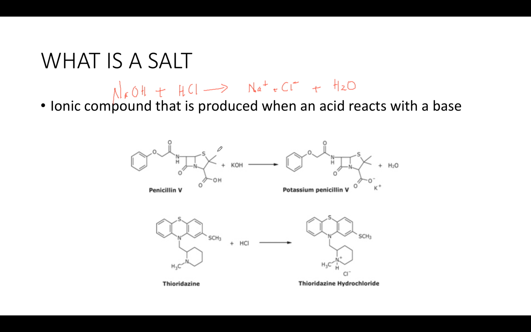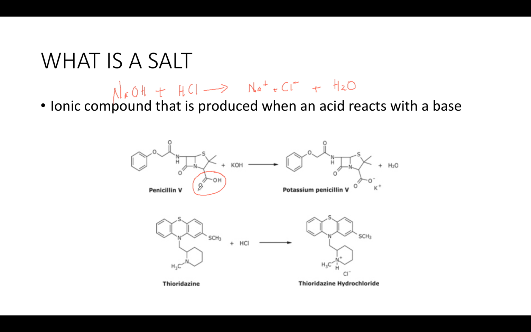Okay, so the same type of reaction can be accomplished using acidic or basic drug molecules. So penicillin V that you see here can be classified as an acidic drug, specifically because of the carboxylic acid moiety that you have. That's an ionizable group.